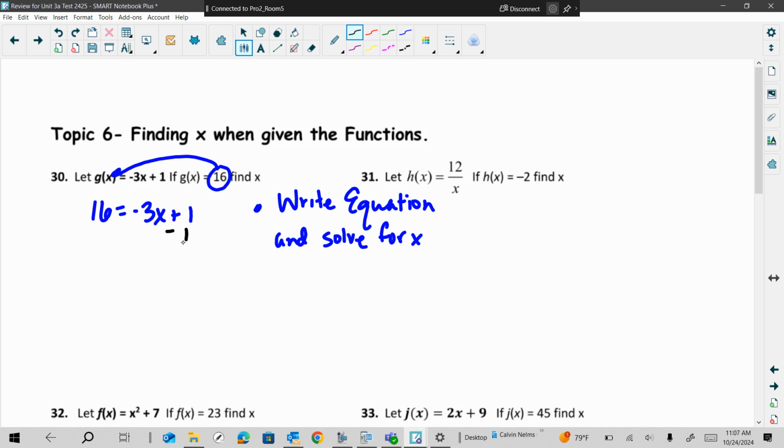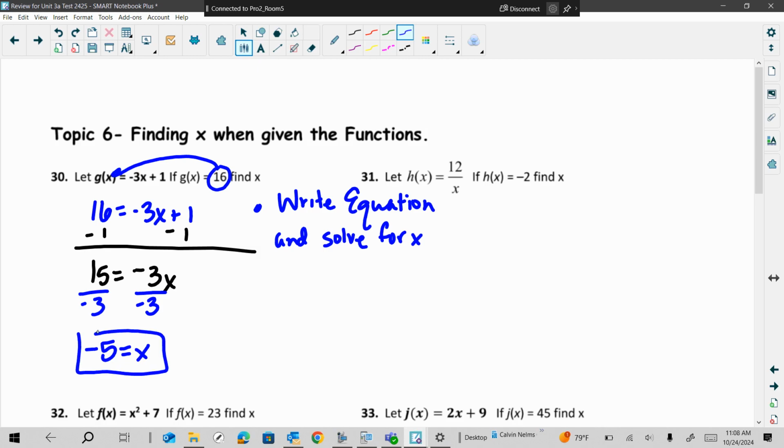So you subtract 1 on both sides. 15 equals negative 3x. Divided by negative 3, negative 5 is our x. So that's using pencil and paper. Plug in the value and solve for x. That's all we're doing, okay?